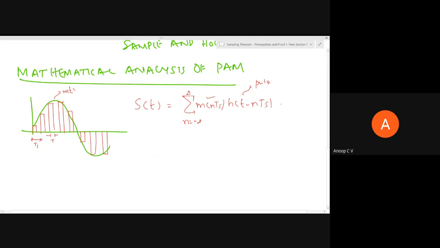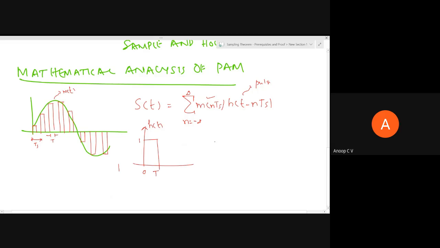Now we should see what this h of t should be. H of t is a regular pulse. I'll draw it here. This h of t should be something like this. It should span from 0 to capital T, and during that period its magnitude should be equal to 1. So this is our h of t.